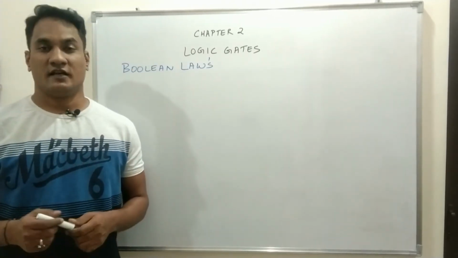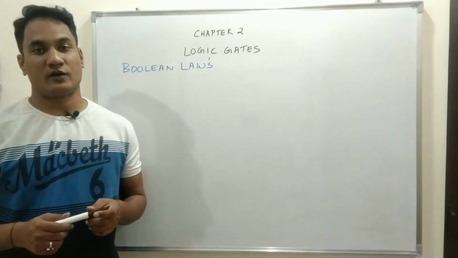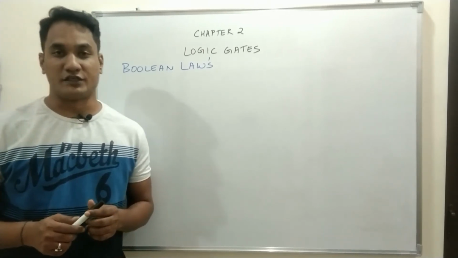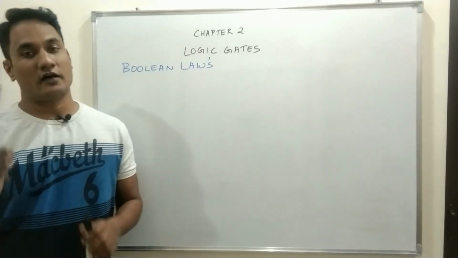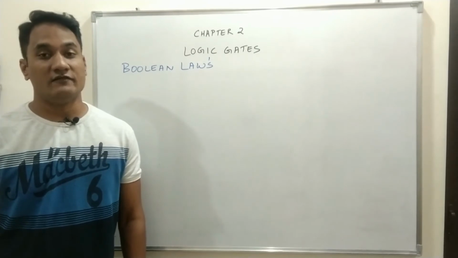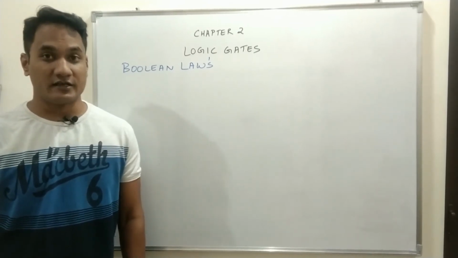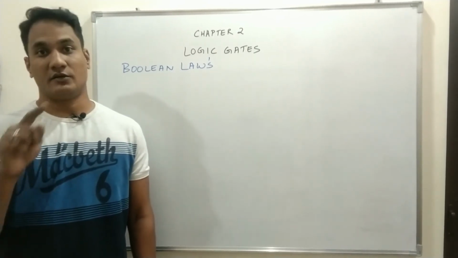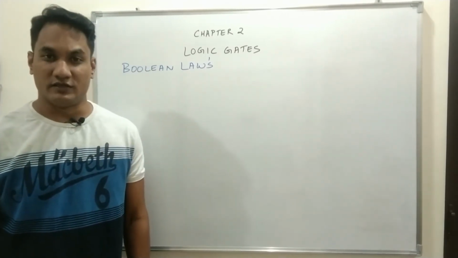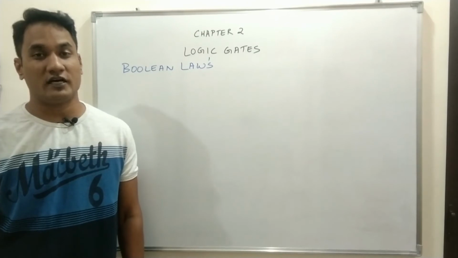Hello students. The next topic which we'll try to understand is Boolean laws. Very, very important with respect to logic circuit designs. In the first assignment which I gave you, I gave you an equation, and for that equation you designed a logic circuit and wrote the truth table.